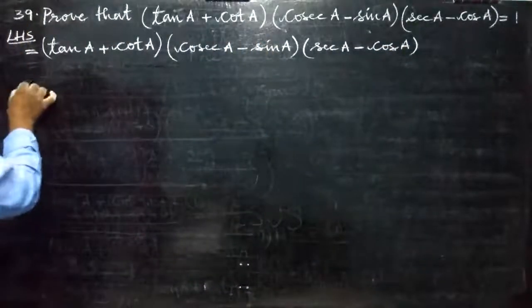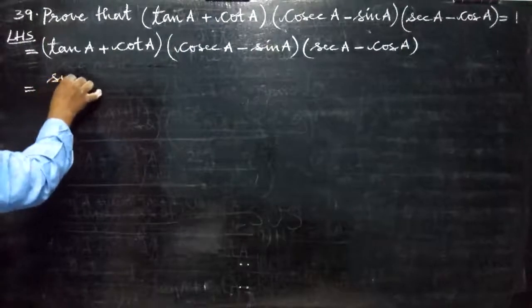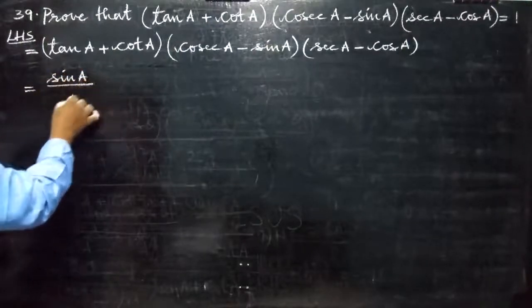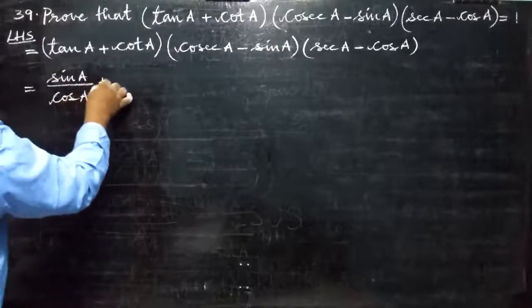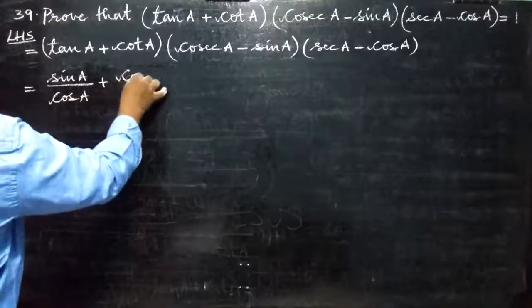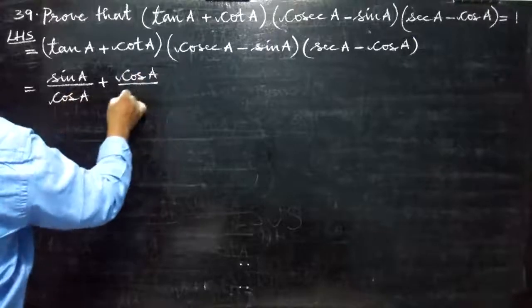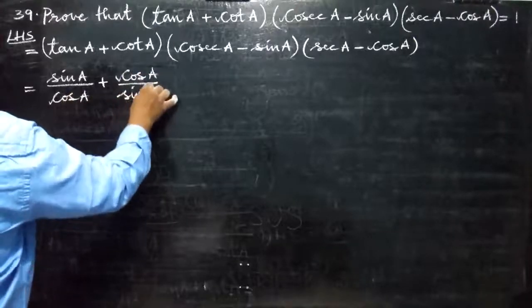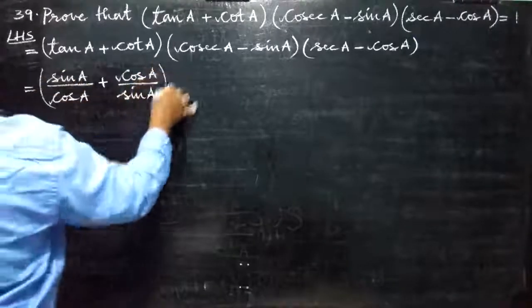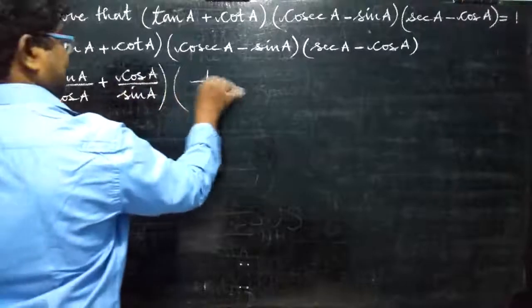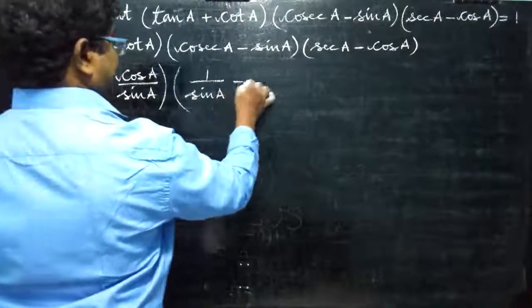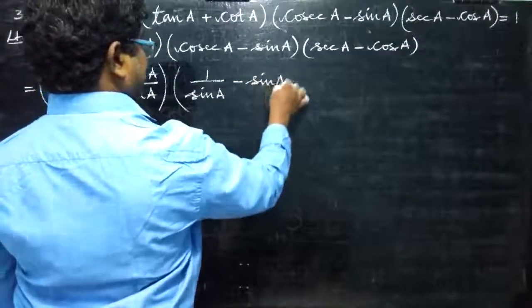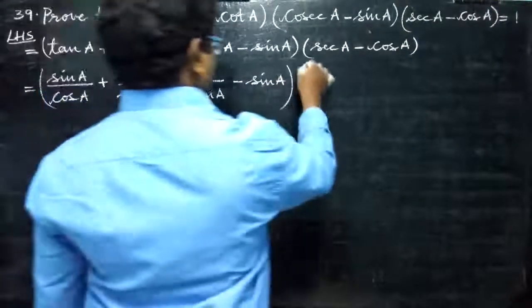Now write tan A as sin A by cos A, and cot A is cos A by sin A. Cosecant you can write as 1 by sin A, so (1 by sin A minus sin A). Close the bracket.